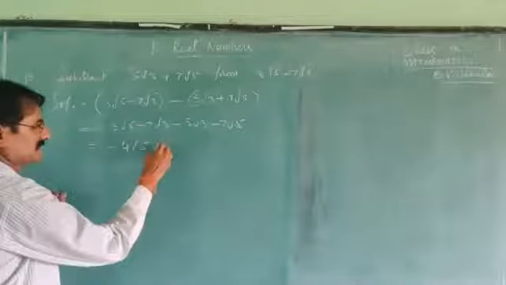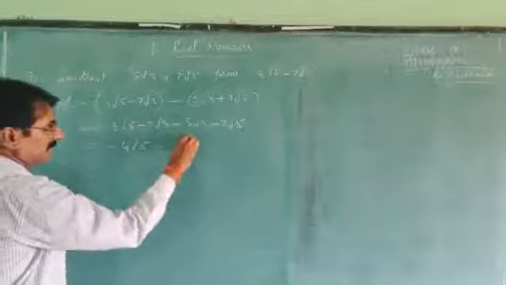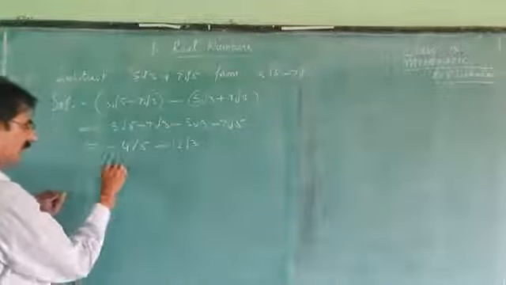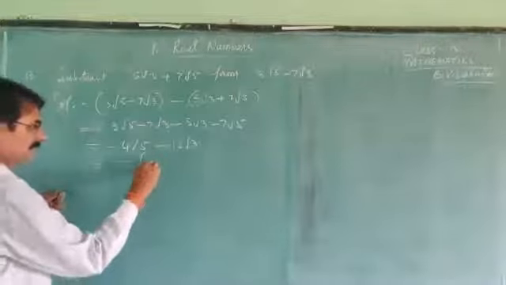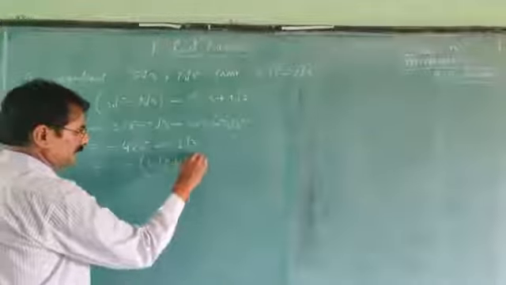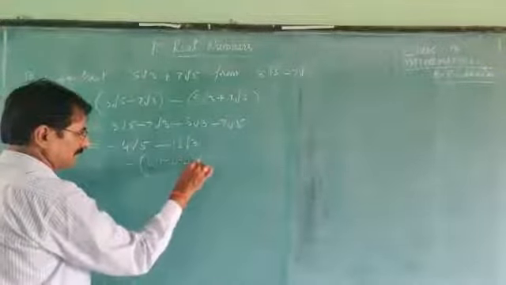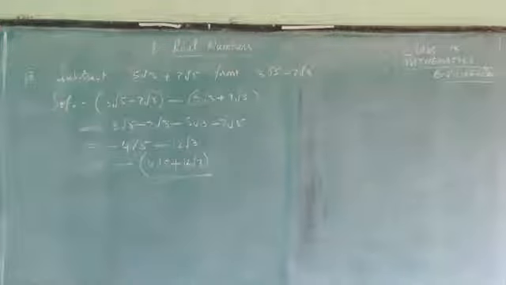The sum of the negatives is negative 7 plus 5, 12 root 3. We can write this as minus 4 root 5 minus 12 root 3. It is simplification.